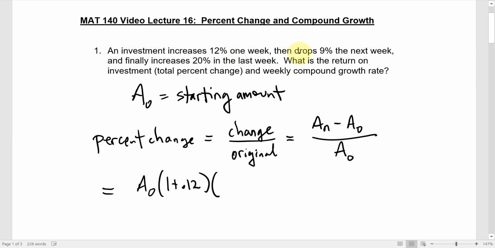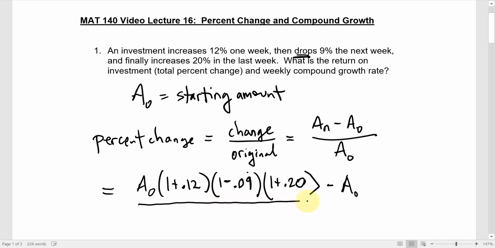And then, because there's a drop of 9%, I'll do 1 minus 0.09. This is essentially saying 100% take away 9%. So it's minus because of the drop. And then it finally increases 20%, so we'll have 100% plus 20%. All of this is calculating the new amount. Then we would still have to subtract the initial amount and divide by the initial amount.